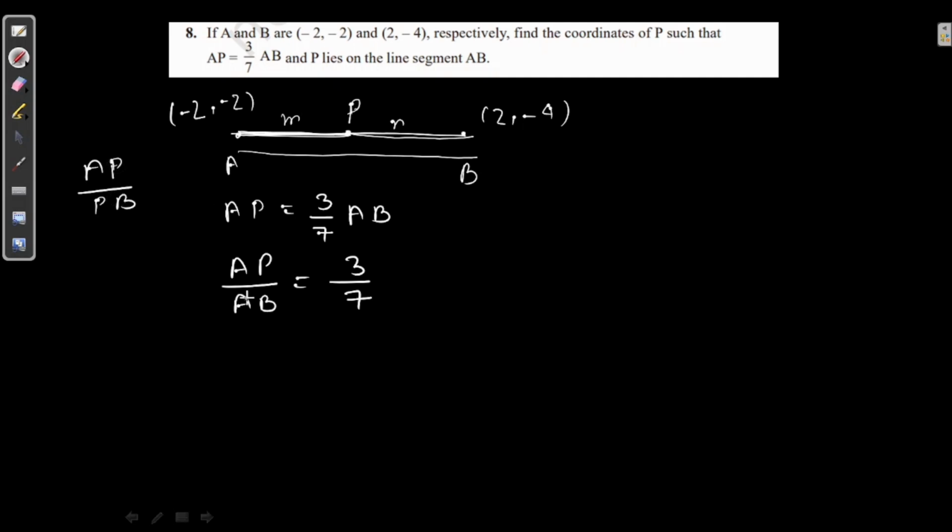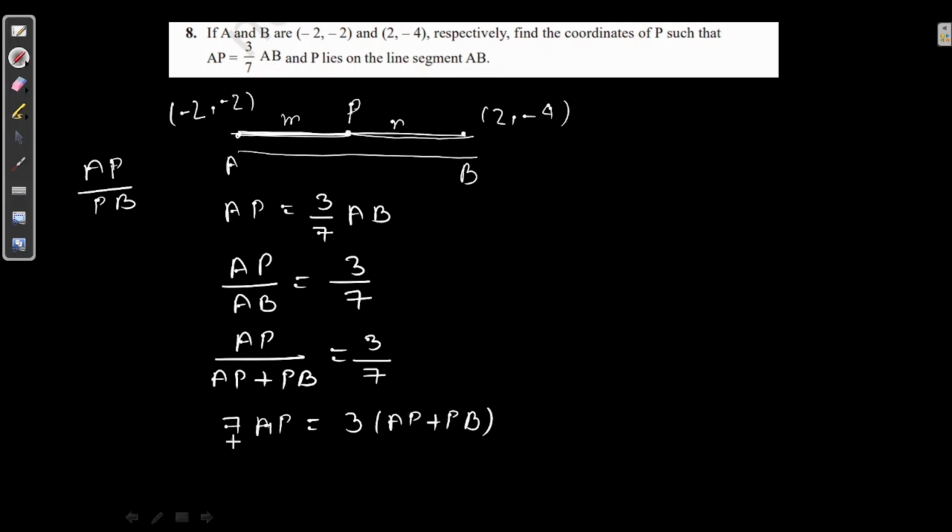Okay, so for it, just look here at what we are doing. AP upon this AB, from A to B. Look, it can be written as AP plus PB. So this AB I have written as AP plus PB, which was equal to 3 by 7. Now do cross multiplication. 7 into AP will be 7 AP, and 3 will be multiplied into AP plus PB.